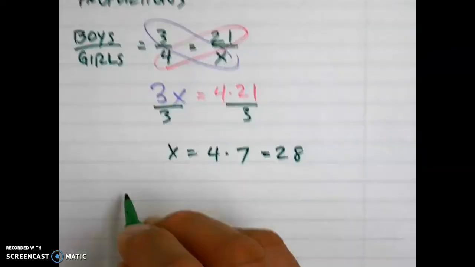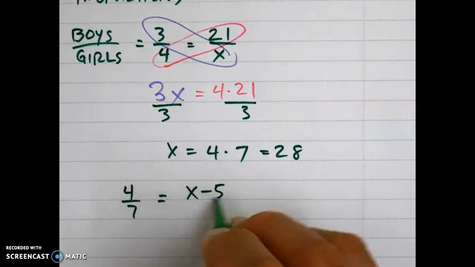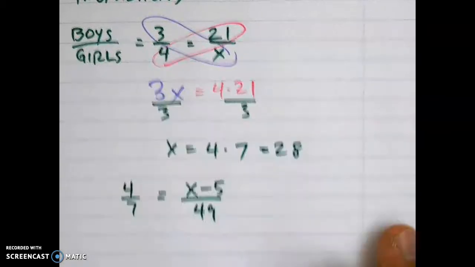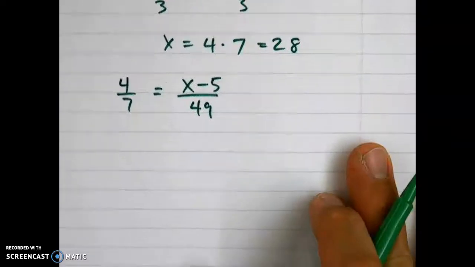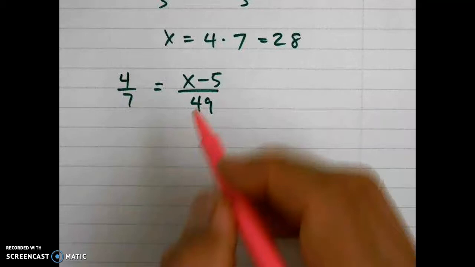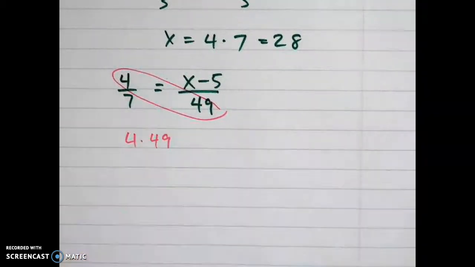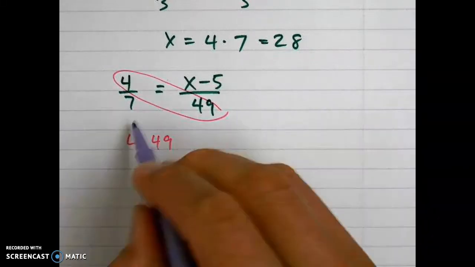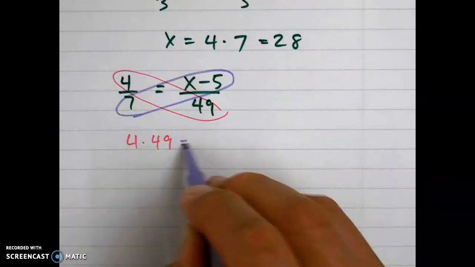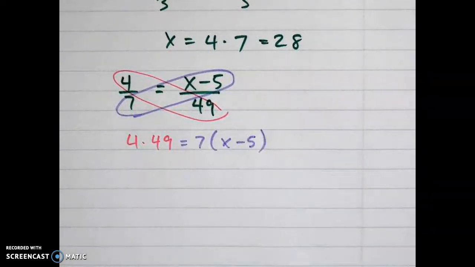What if I put 4 over 7 equals x minus 5 over 49? So let's try that one out. Go ahead and set that one up. So this is what you guys should have gotten.